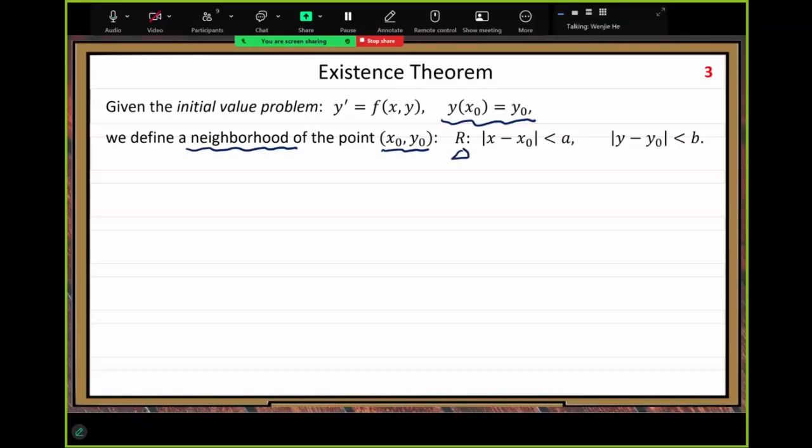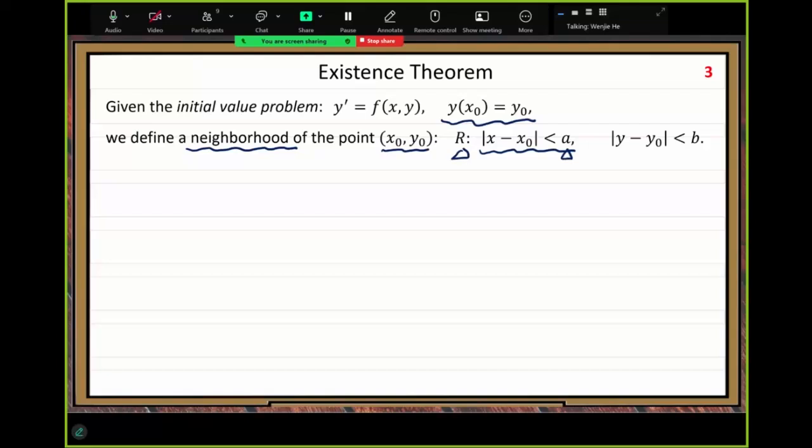First, around x0, we consider an interval. The distance of x to x0 could be on the positive side or the negative side, two sides, right? Absolute value. So you consider the distance of x from the x0 point on both sides, but that distance must be less than some constant a.